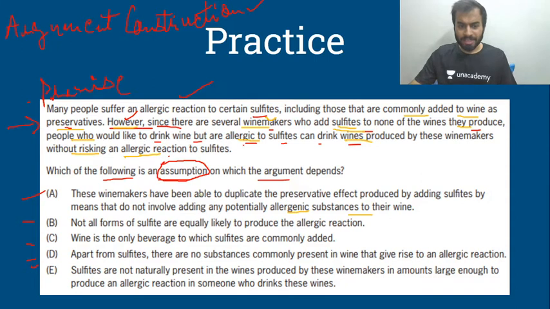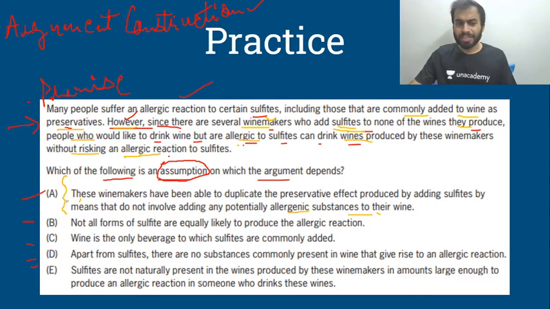So these winemakers have not been able to duplicate the preservative effect produced by adding sulfites by any means that do not involve adding any potentially allergenic substance to their wine, right? So if you negate this statement, your conclusion is not getting impacted.